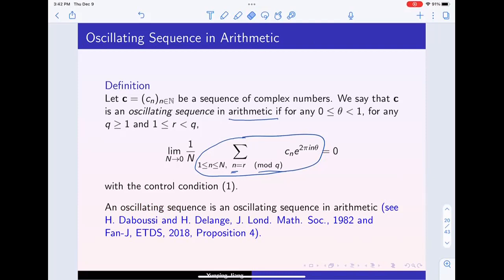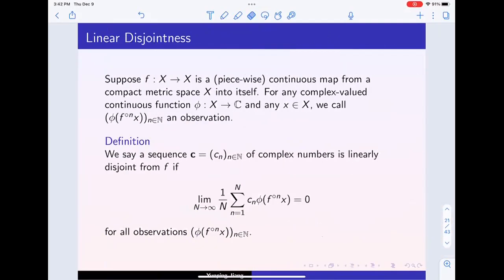Now you can define the more general linear disjointness. Suppose f is a piecewise continuous map from a compact metric space X into itself.